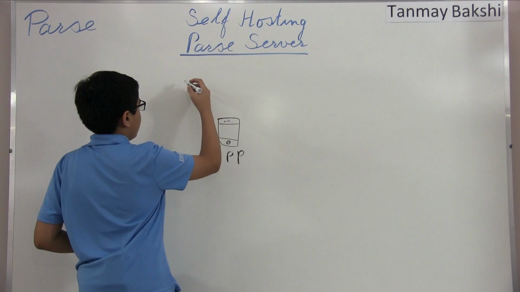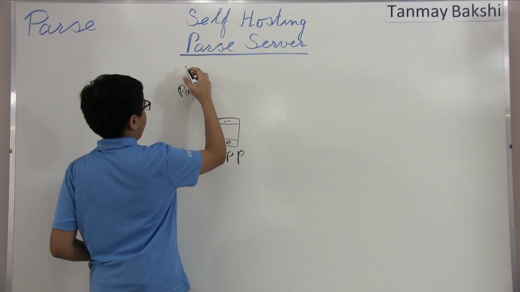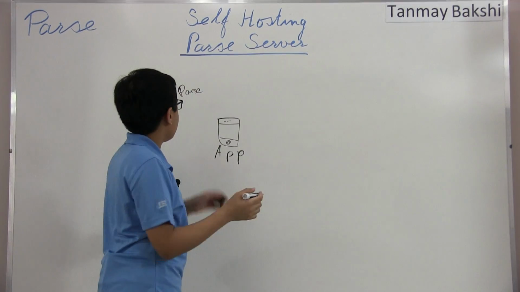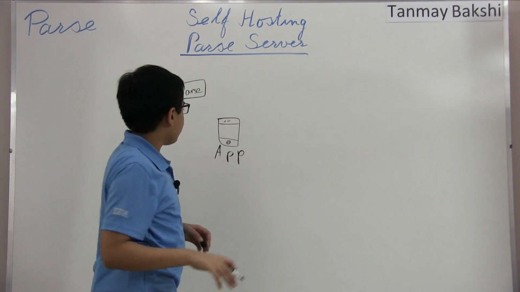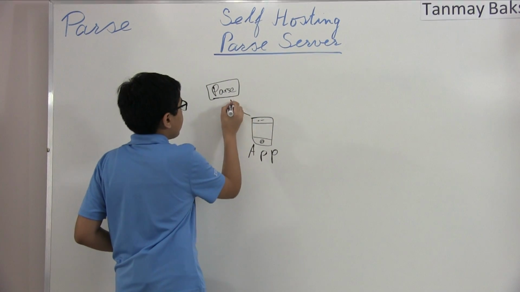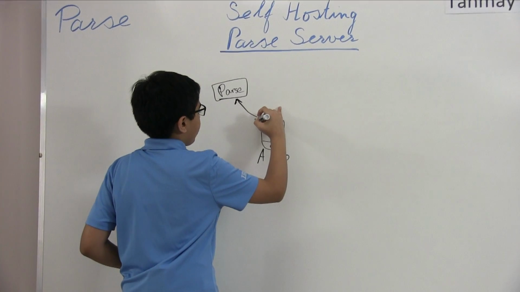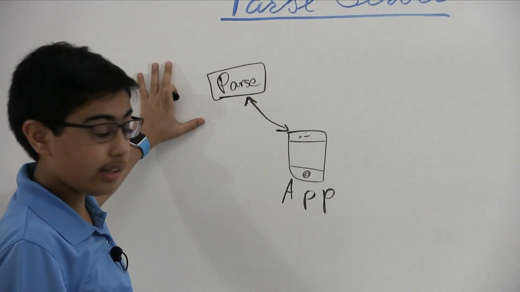However, there was also a Parse server, and I don't exactly know what the Parse server logo is, but this is sort of like the Parse server over here. Right now, by default, your application communicates with the Parse server without you having to direct it there. The framework is coded in to know where the Parse servers are located.